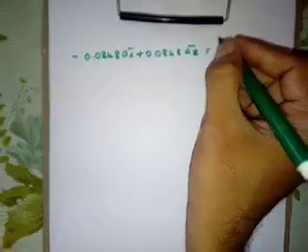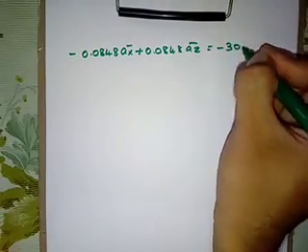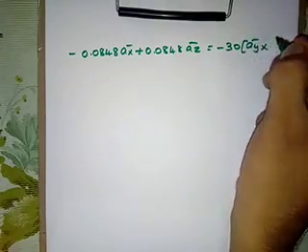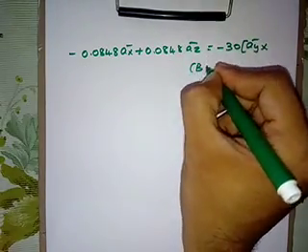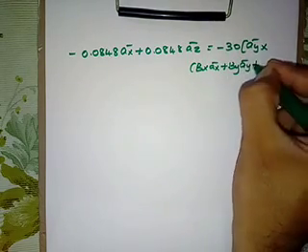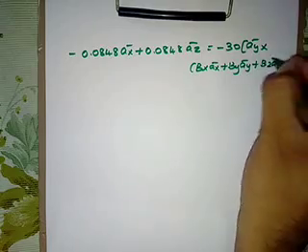This is equal to minus 30. So I will multiply 12 into 2.5, minus 30 into AY bar, this into BX AX bar plus BY AY bar plus BZ AZ bar.